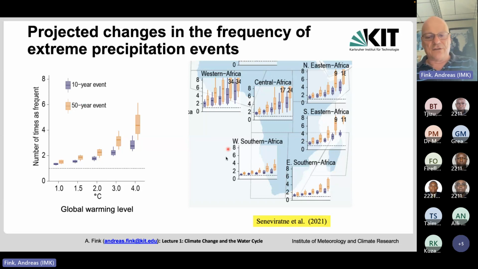And the basic message that you can take from it, models agree, that's, by the way, the range of the models in the box and whisker plots, models agree that if it rains, it will be more intense. That has something to do with the warmer world and the fact that the warmer atmosphere can hold more moisture. Often we call that the Clausius-Clapeyron scaling.